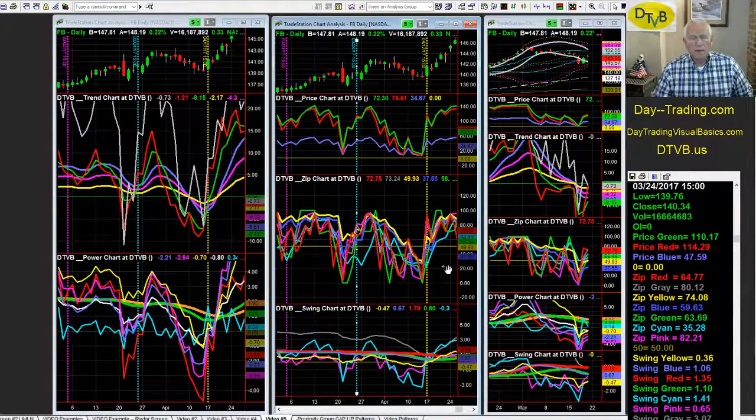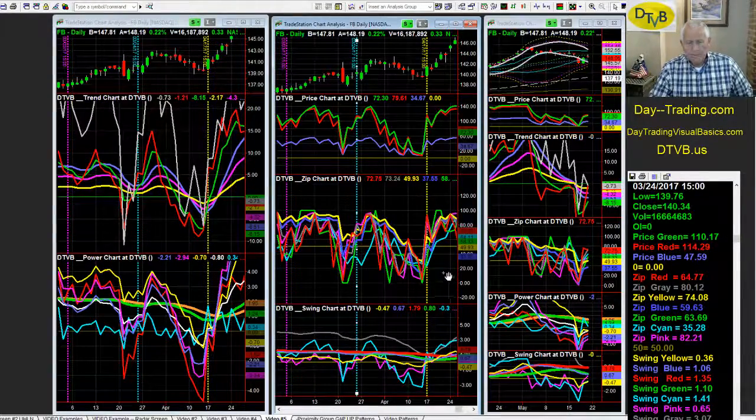You just plug them right into the scanner. There's over 400 indicators that we've made and designed for the scanner and the radar screen. I think the majority of them are for the scanner.